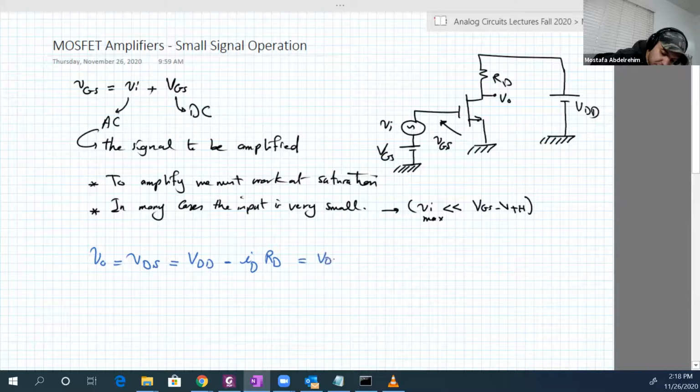And remember, we are in saturation. So ID is basically Kn over 2 times (Vi plus VGS minus V threshold) squared.